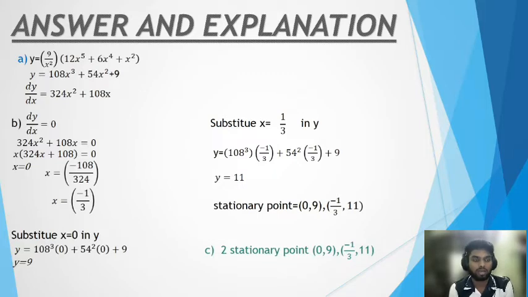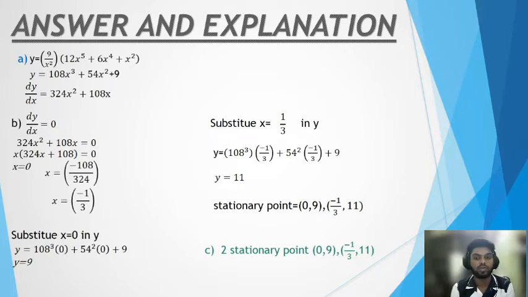So saya akan mendapat y equals to 108x power 3 plus 54x square plus 9. So untuk proses times dalam kedua-dua equation dalam kedua-dua bracket tersebut, yang number tu saya straight darab je. Untuk x tu saya tekan darab. So macam 9x power of negative 2 tu, x power negative 2 tu saya akan plus dengan x power 5.